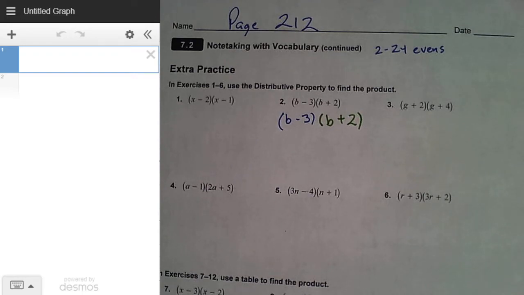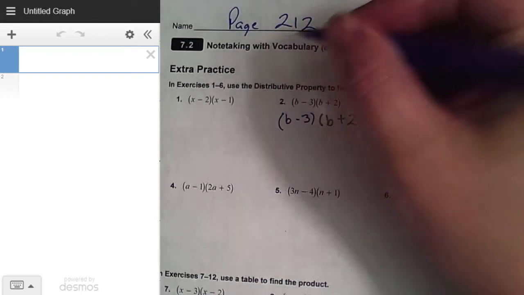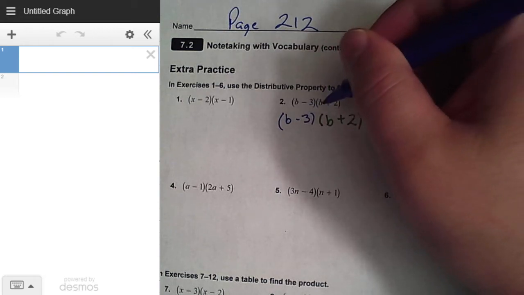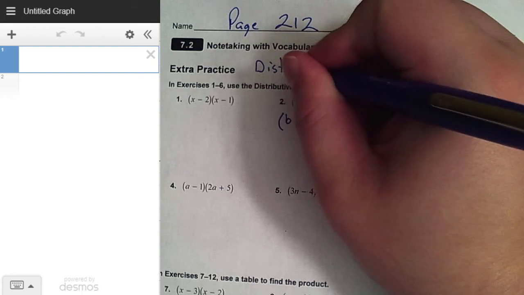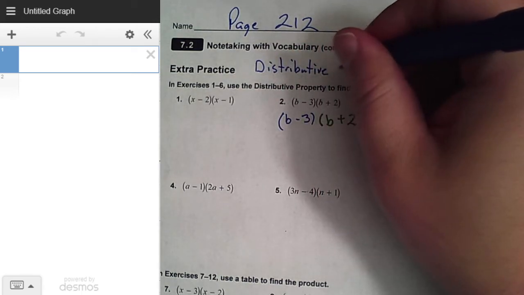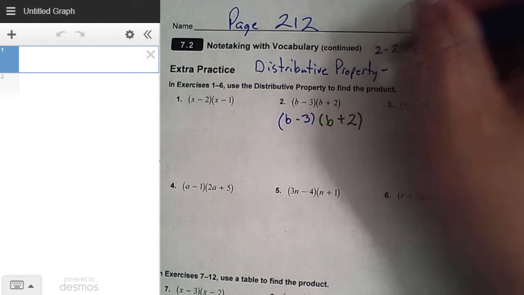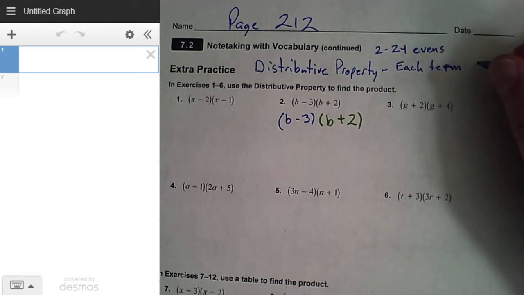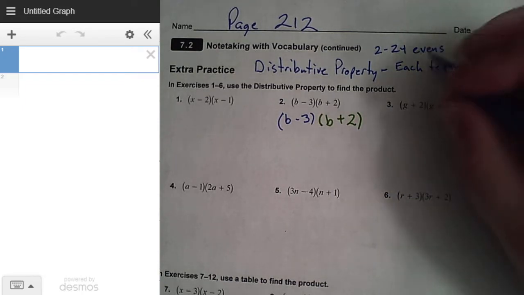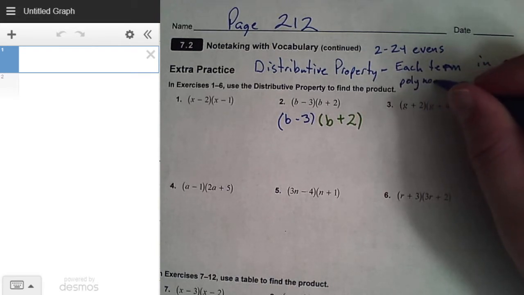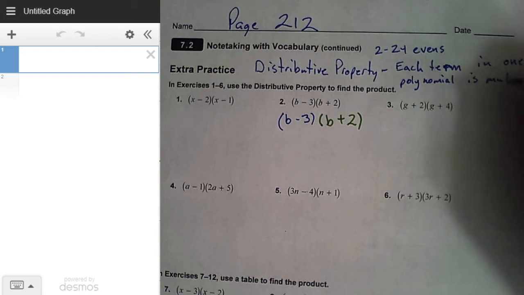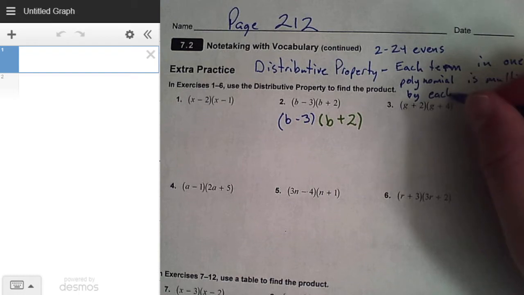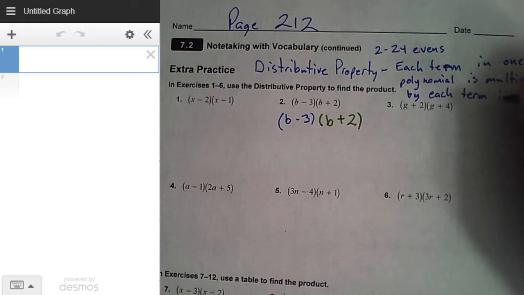In that distributive property, the big thing to remember is each term in one polynomial is multiplied by each term in the other polynomial.